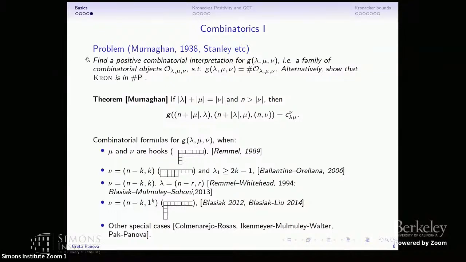However, with the Kronecker coefficients and the characters, we already know that even input in unary gives us sharp P hardness. With the Littlewood-Richardson coefficient, this is not exactly clear, but hopefully soon will be. And yes, they would be hard in unary as well.